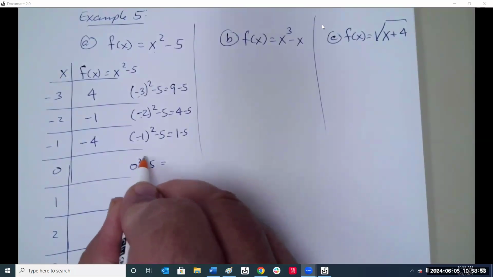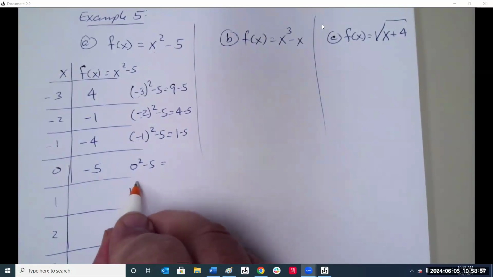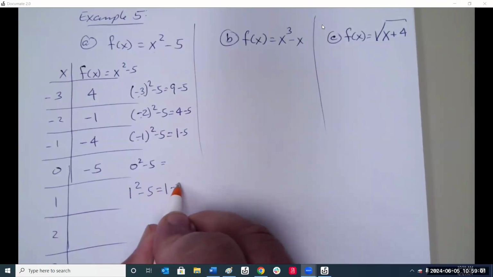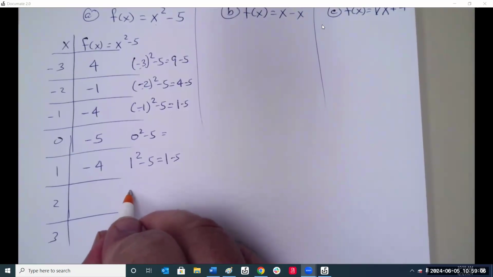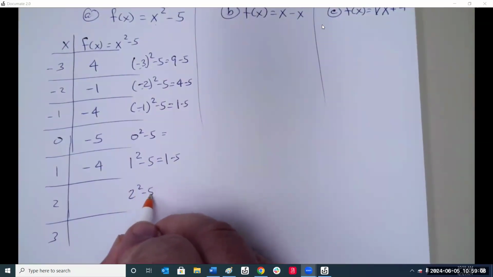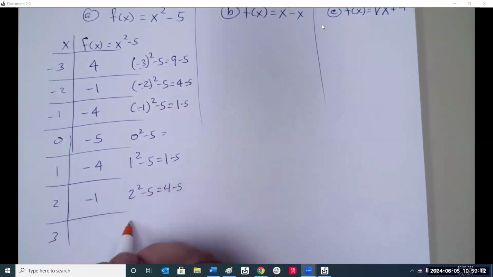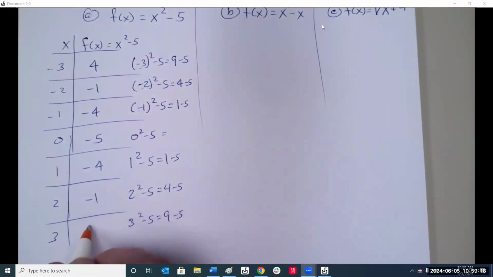Zero squared is 0, minus 5 is -5. 1 squared minus 5. 1 squared is 1, minus 5 is -4. 2 squared is 4, minus 5 is -1. 3 squared is 9, minus 5 is 4.